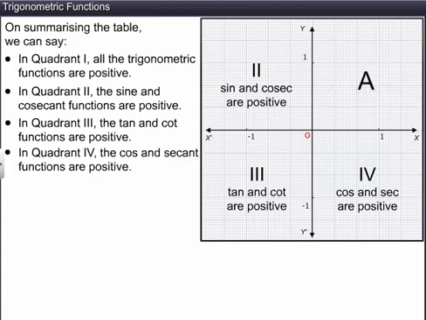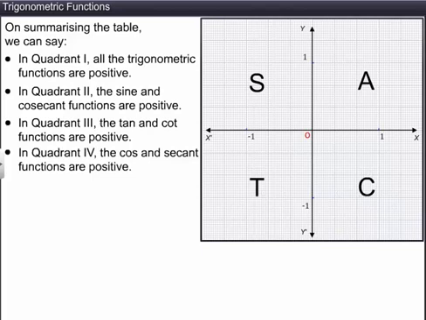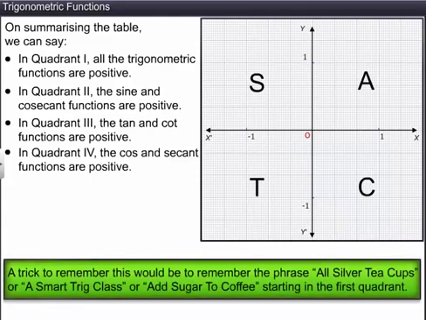If we denote A for all, S for sine, T for tan, and C for cos, then the figure can be represented as shown. A trick to remember this would be to remember the phrase, all silver teacups, or a smart trig class, or add sugar to coffee, starting in the first quadrant.